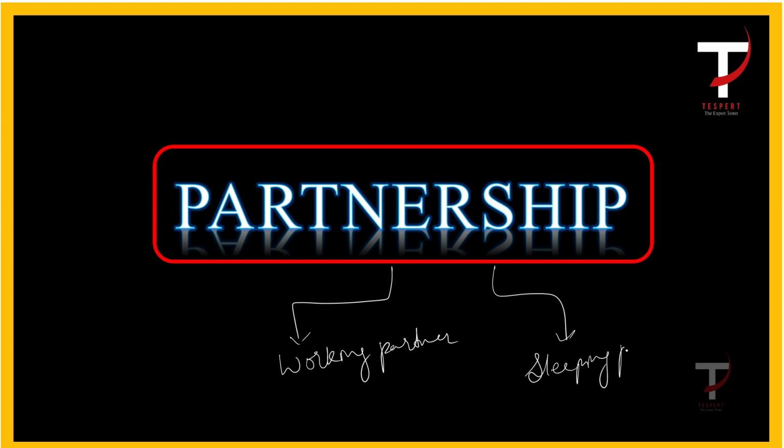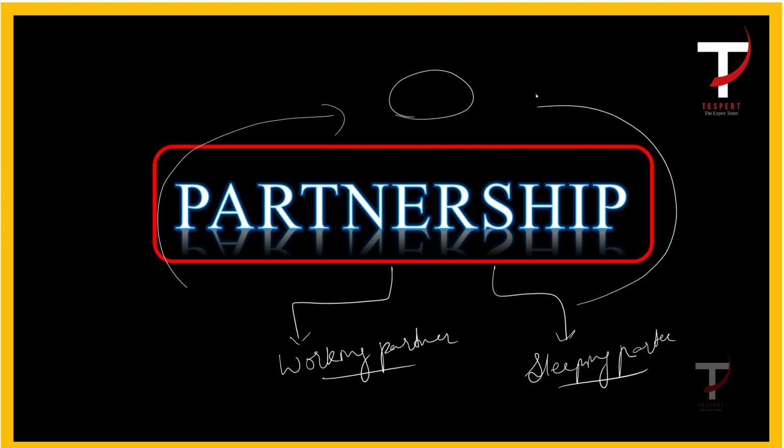Who is a working partner? Of course, both will invest. So if they want to run a business, the working partner also invests, the sleeping partner also invests. But who is a working partner? He is a person who is directly involved in day-to-day activities of business.